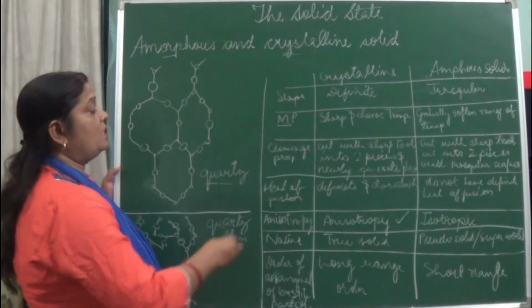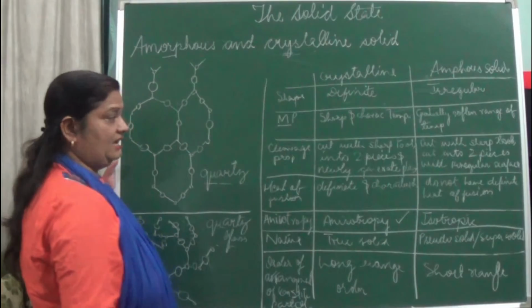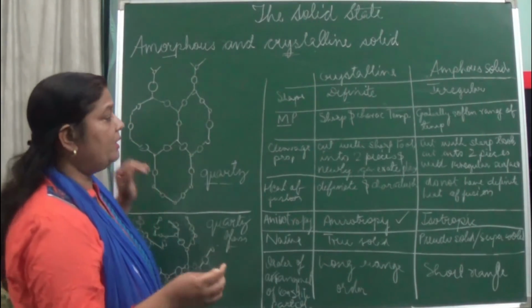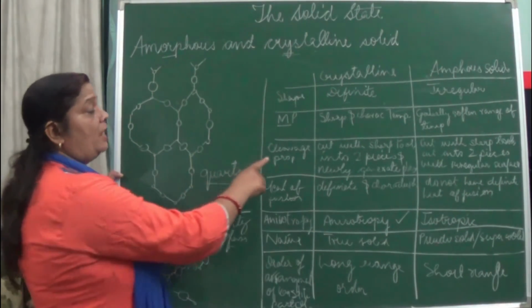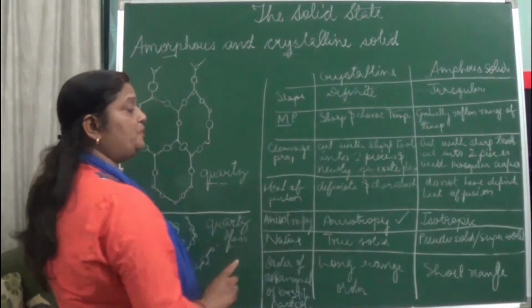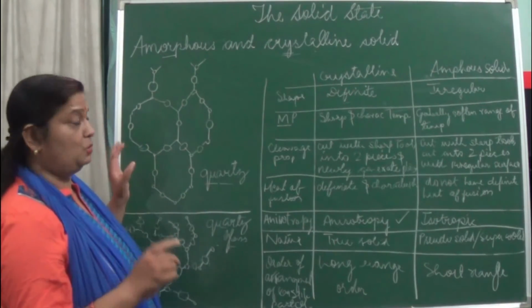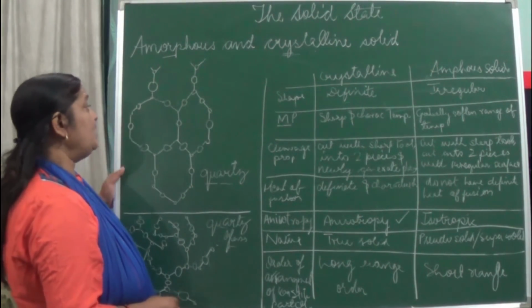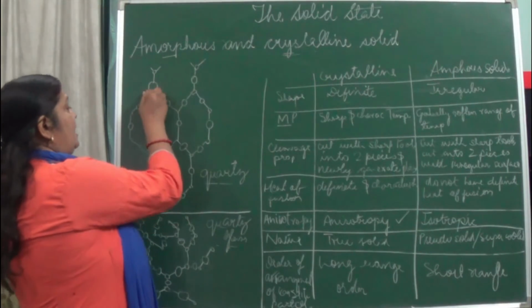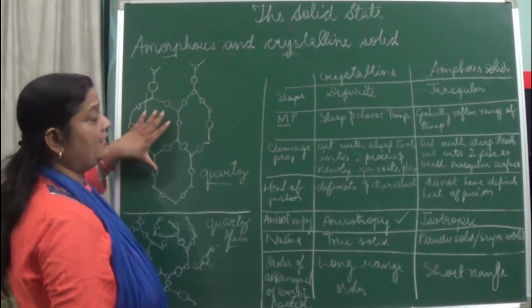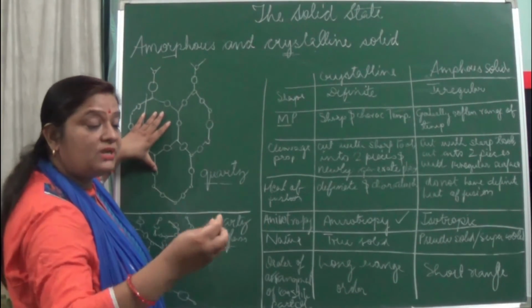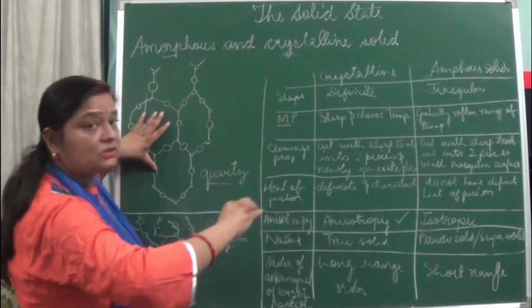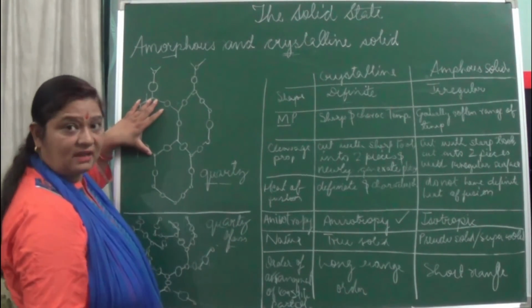Now coming to the cleavage property. Cleavage means what? Breaking. Okay. Now cleavage, what happens? When cut with a sharp tool into two pieces, it can generate two planes. When the crystalline solids are cut, they naturally generate new planes.